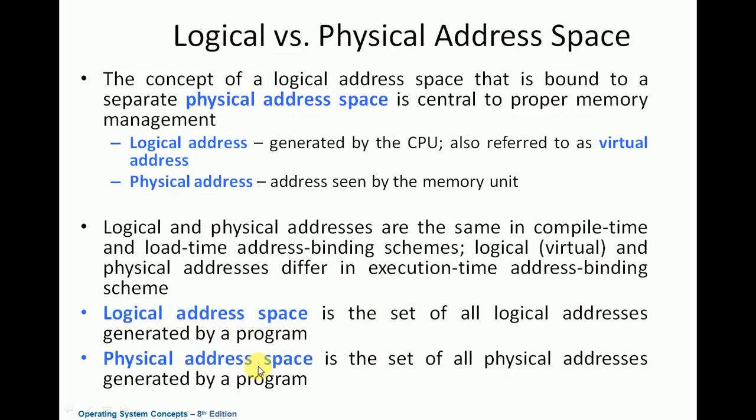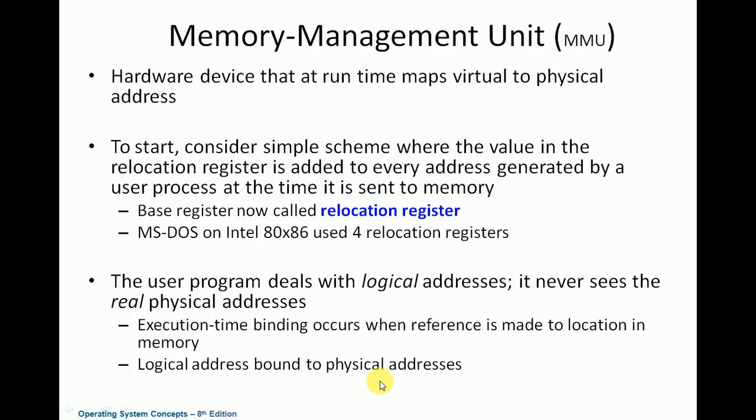And the physical address space is the set of all physical addresses generated by the program. The program will be loaded into main memory at a different address from the addresses generated by the compiler. That is due to relocation. So this space is called the physical address space.